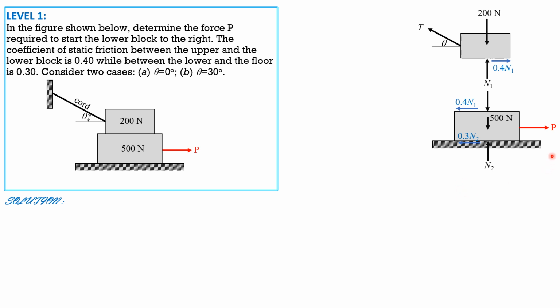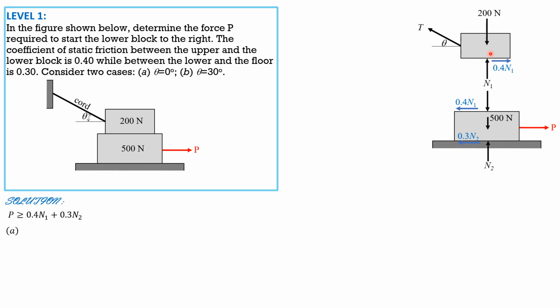Therefore, summation of forces horizontal for this lower block: P must be greater than or equal to 0.4 of N1 plus 0.3 of N2. Well, for N1 in the upper block, summation of forces along the normal axis equals 0.